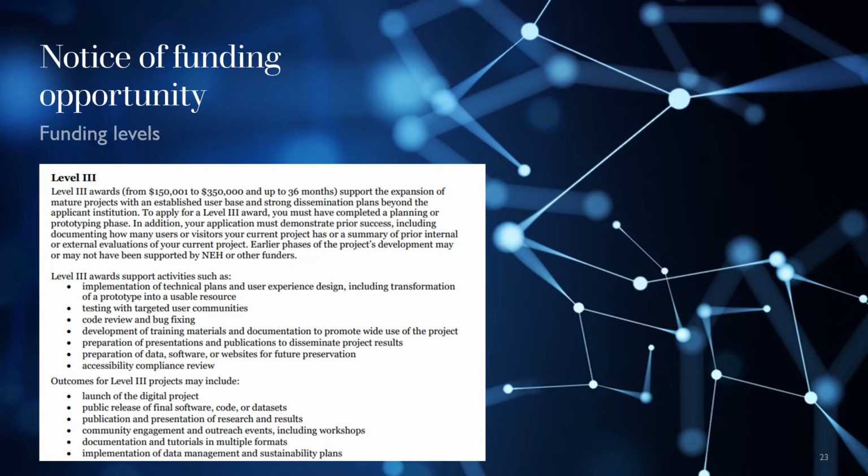Applicants at the Level 3 stage can request between $150,000 and $350,000 and have a period of performance of up to 3 years. Level 3 applicants may request up to an additional $100,000 in federal matching funds for a total award size of up to $450,000.